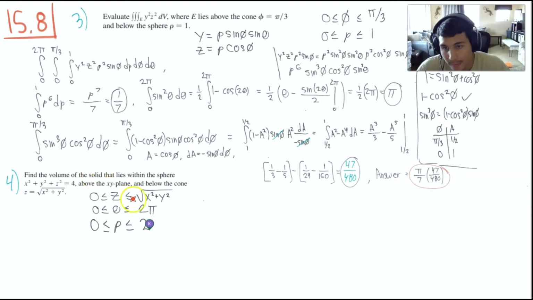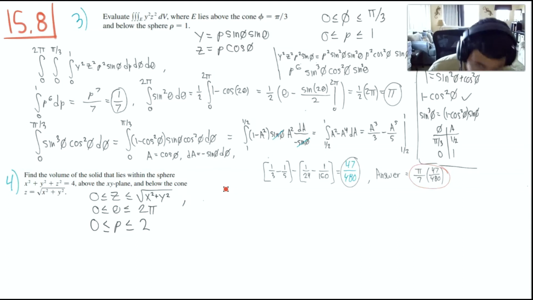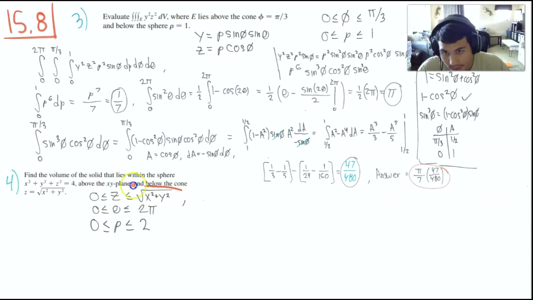Now remember I said we're not going to use cylindrical. But you're like, why do you have a z here? I just wrote it because I wanted to write it. It's not that useful, but it was useful at the moment for helping visualize something. This is the equation of a cone, right? And this is the equation of a sphere.